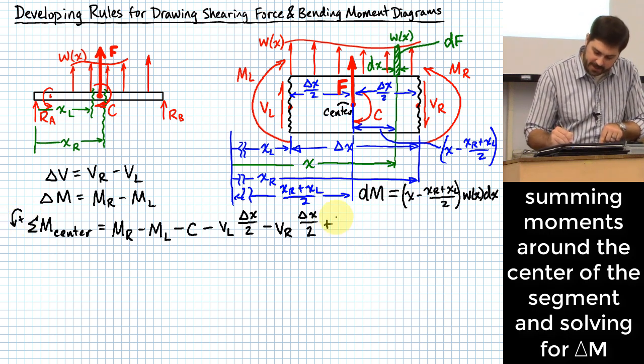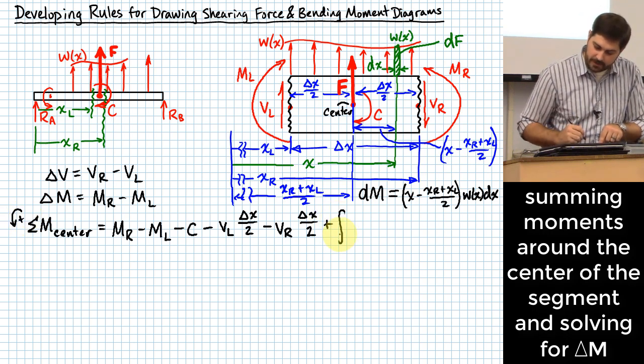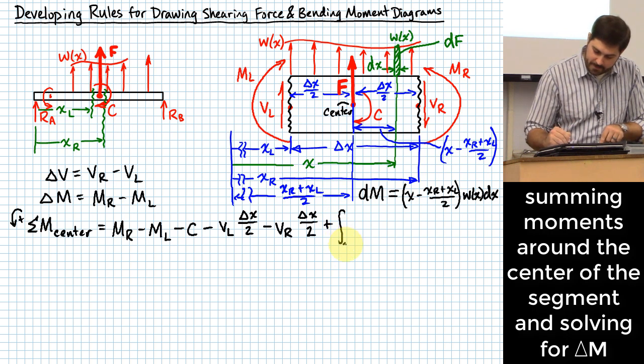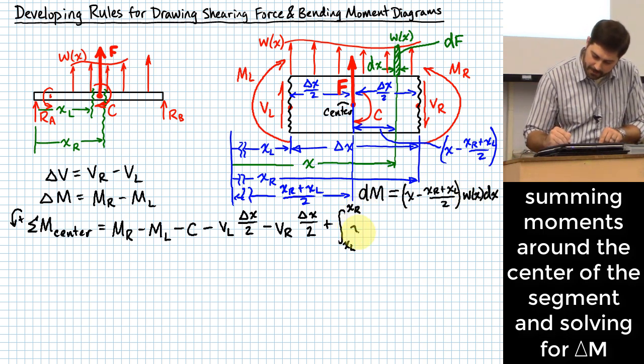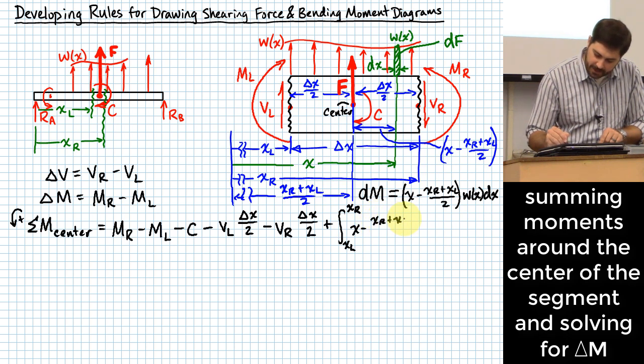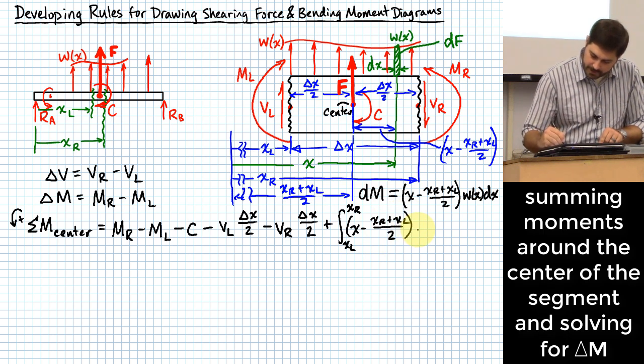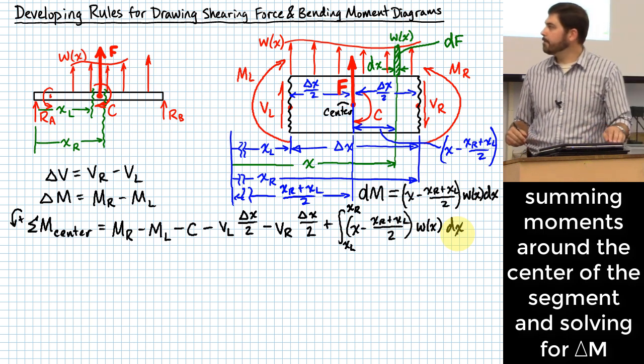So I can add, and someone says use an integral from XL to XR of dM, right? But we'll sub in all this stuff for dM. x minus (XR plus XL)/2 times w of x dx.